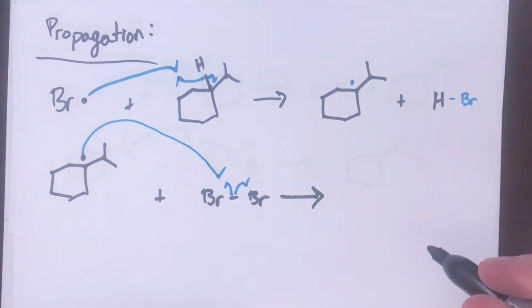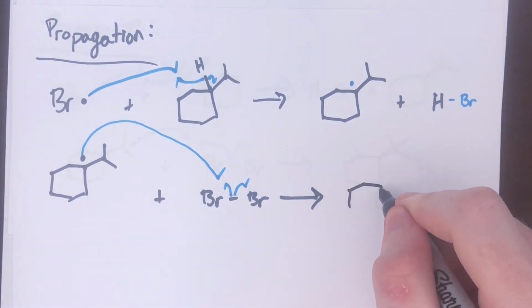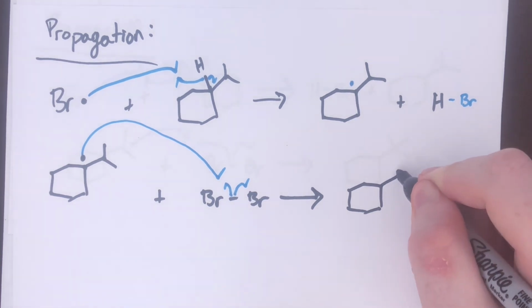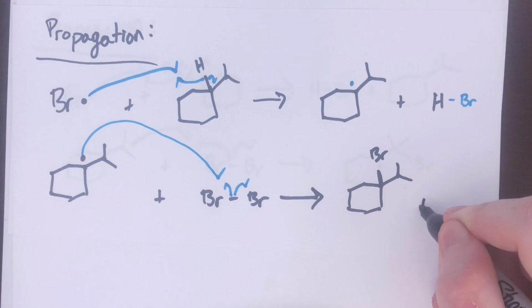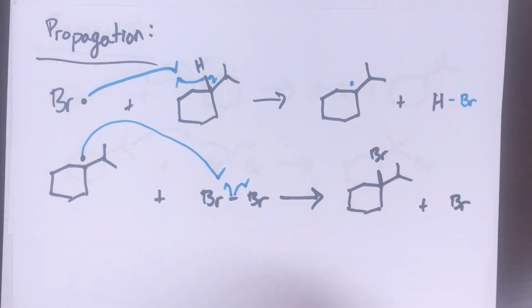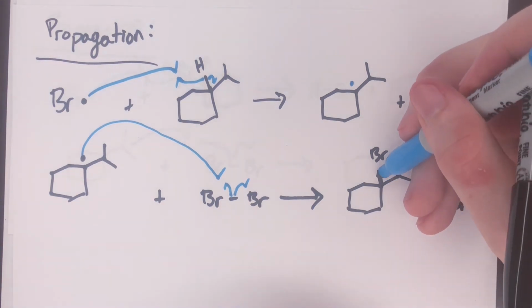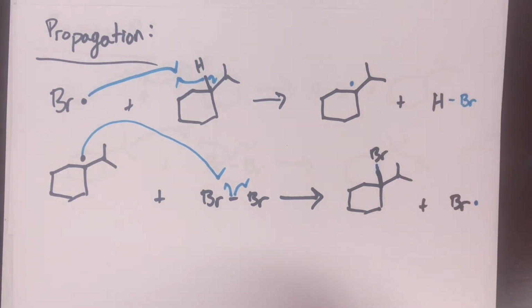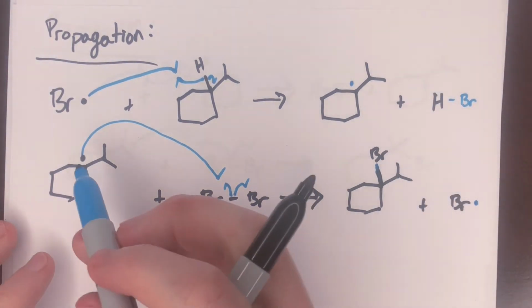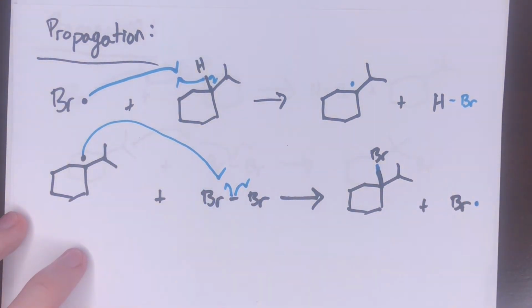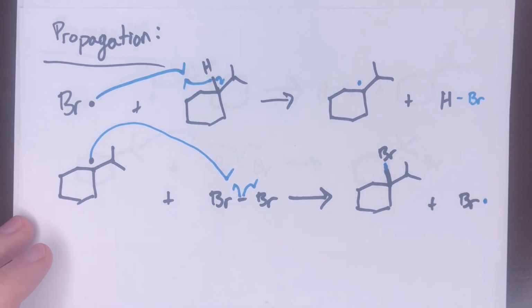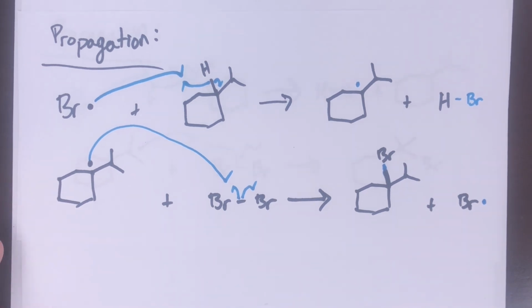This bond homolytically cleaves. So we end with this product plus the bromine radical. And this bond I should have drawn as blue to show the mechanism, but we created this bond here in blue, and here's our bromine radical, again blue because of the mechanistic arrows.